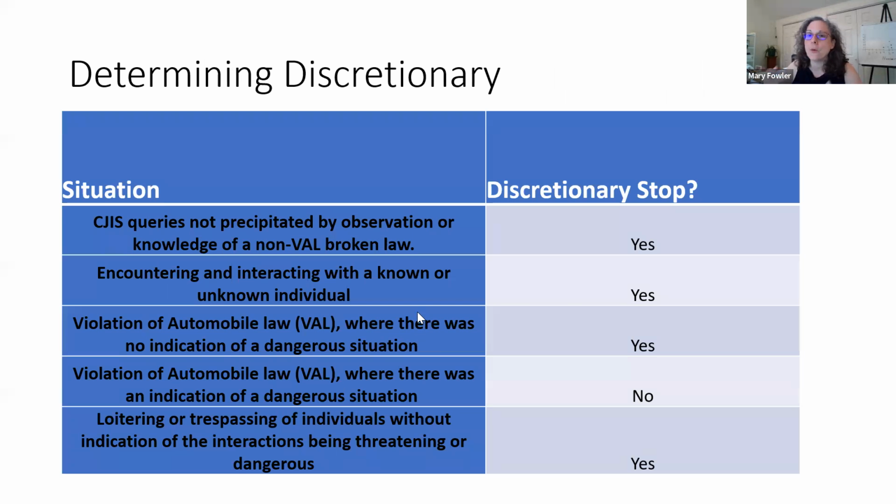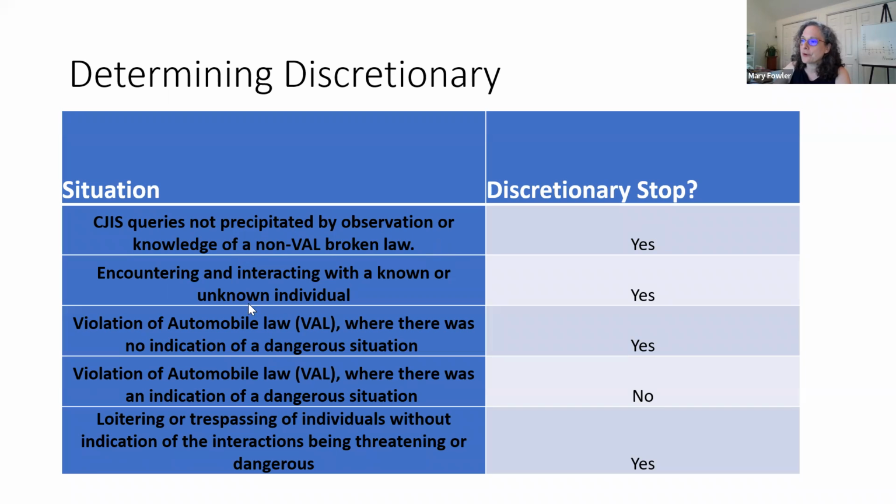Okay, so I often receive a large number of police reports, but often there are similar situations which initiate the police action. And so I just have listed a handful of them here and determine whether or not this situation is a discretionary police action.